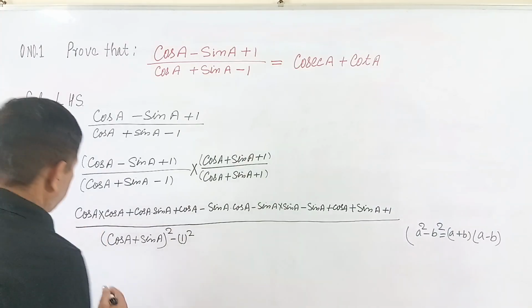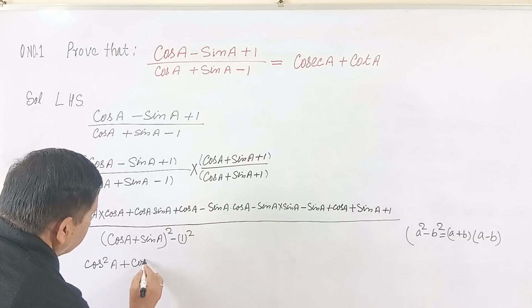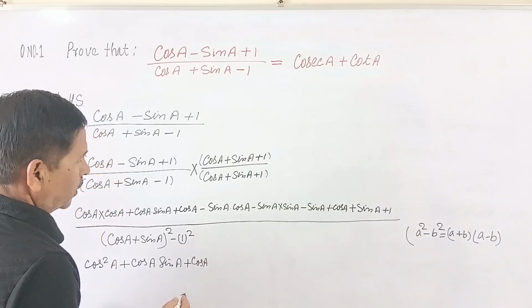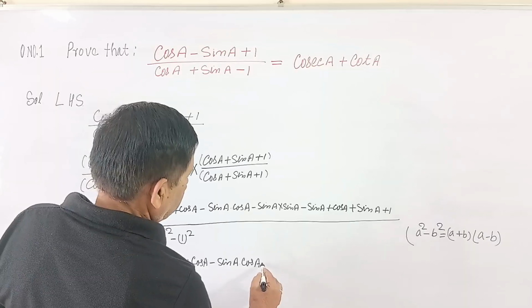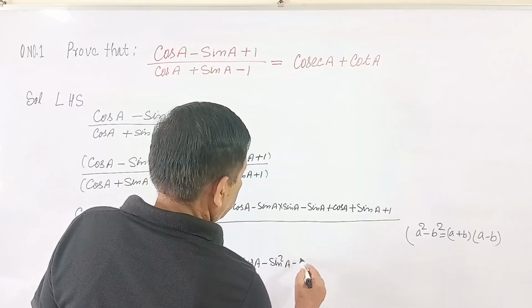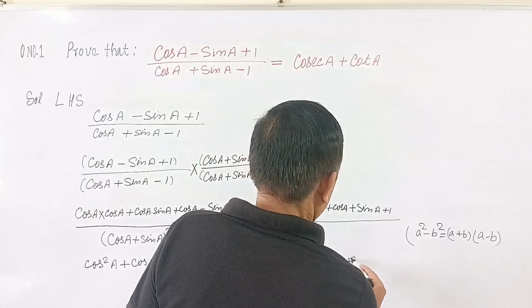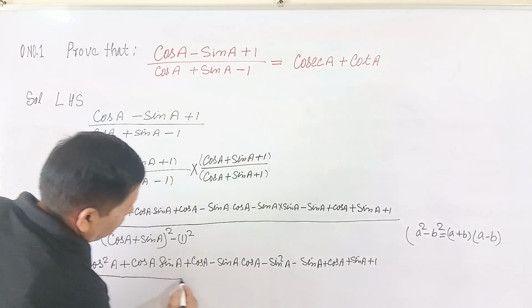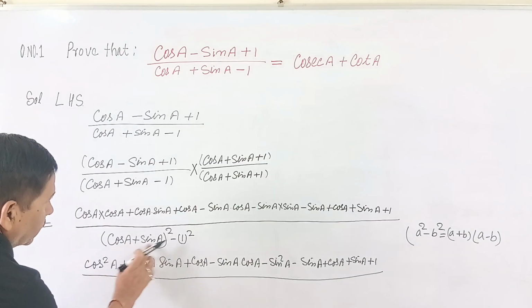Now cos into cos means cos square A, plus cos A into sin A, plus cos A, minus sin A into cos A, minus sin square A, minus sin A, plus cos A plus sin A plus 1 upon, here equals (cos A plus sin A) whole square minus 1.